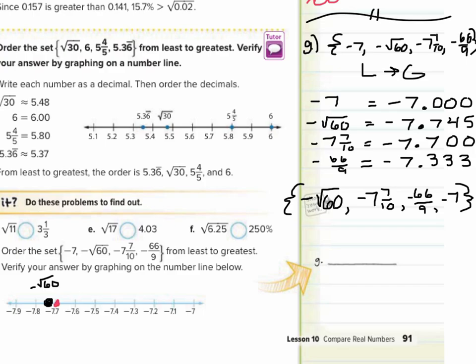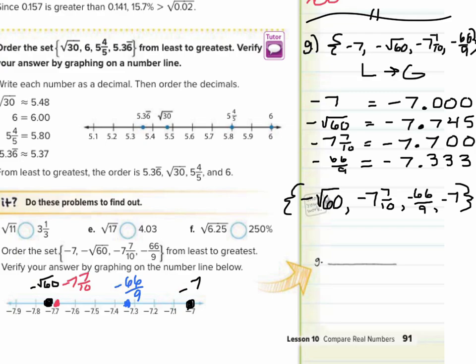And so that was the -7 7/10. -66/9 was our -7.333. And that is right around here. And so that's the -66/9. And lastly, we had our -7, which is pretty easily right there at -7. So it verifies that negative square root of 60, followed by -7 7/10, followed by -66/9, and -7 is our answer.